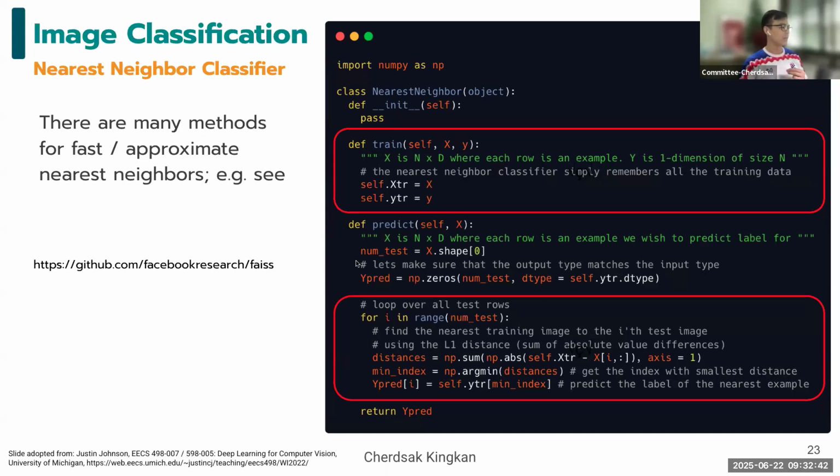So if you need to use a nearest neighbor classifier, you might look at a Facebook research effort that tries to optimize this process. Instead of O(n), we can perform some approximations so that the testing time is reduced. You can have a look at how they implement the optimizations of nearest neighbor.